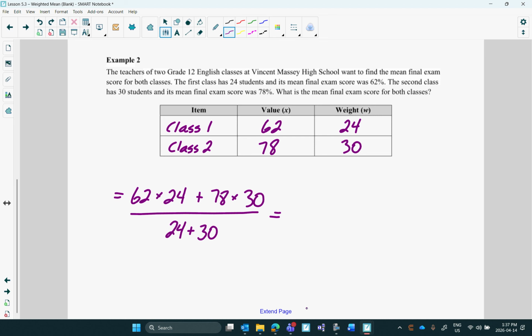If you do that, you're going to get about 70.89%. Which is close to the average of the two, but not quite the same.